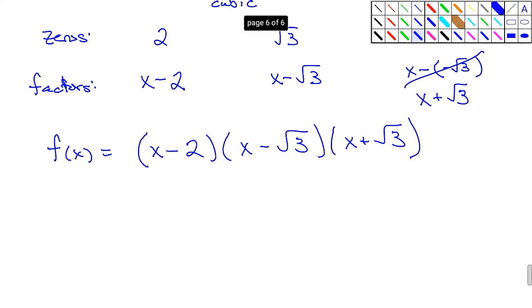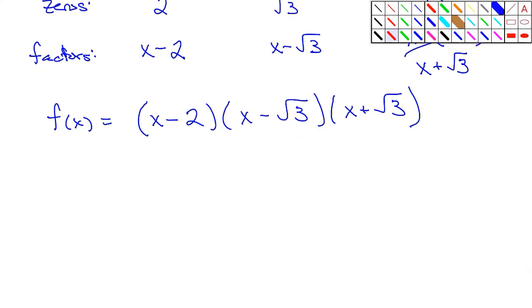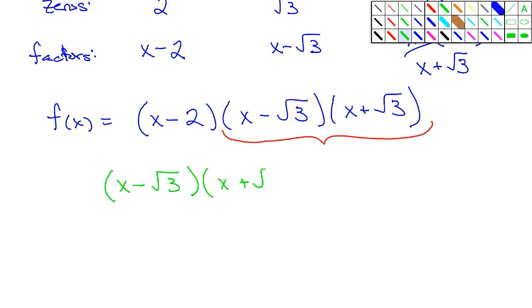I'm going to break this down into parts. And the first part I'm going to choose is to do these two because they are conjugates of each other. They have the same c values, it's just one's positive and one's negative. So let me do that first. So we'll do x minus the square root of 3 times x plus the square root of 3.